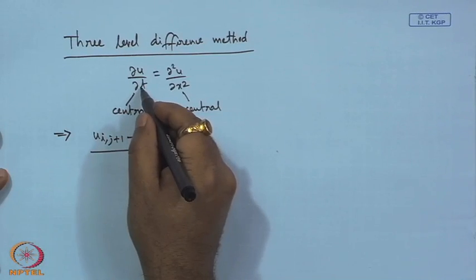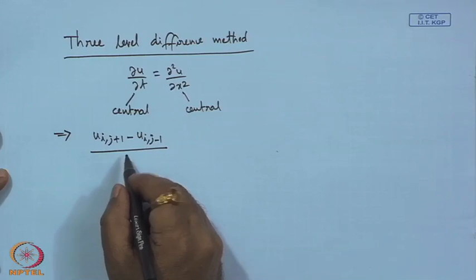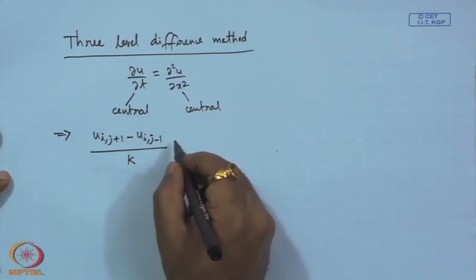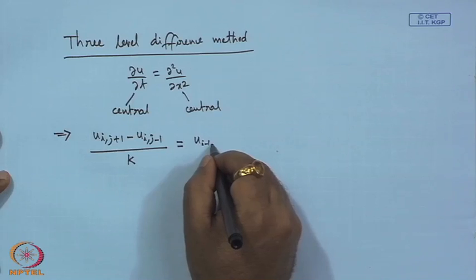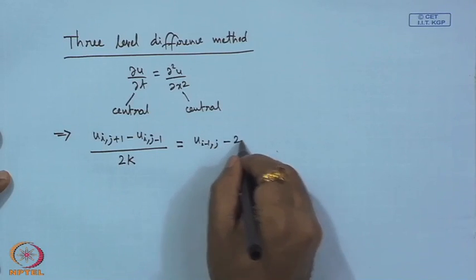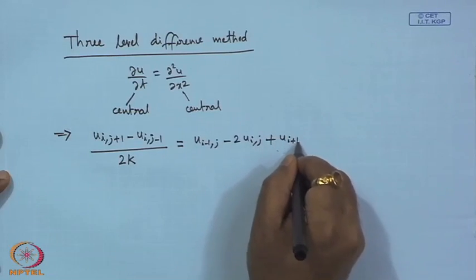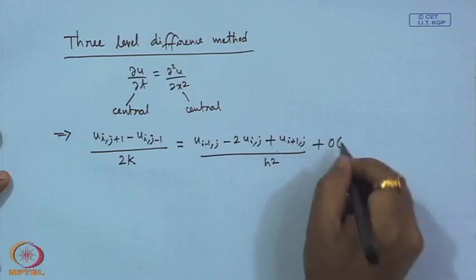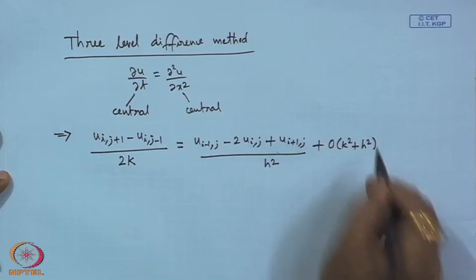For the first order time derivative we are using central, so this should be 2k. This is k square and h square.